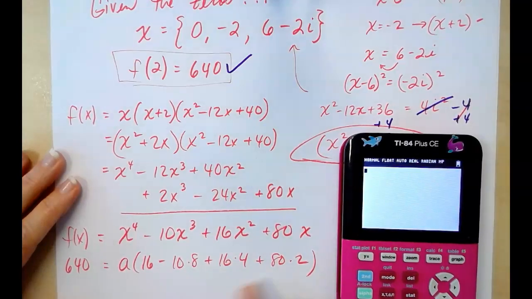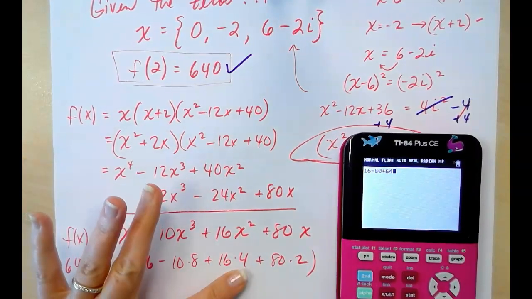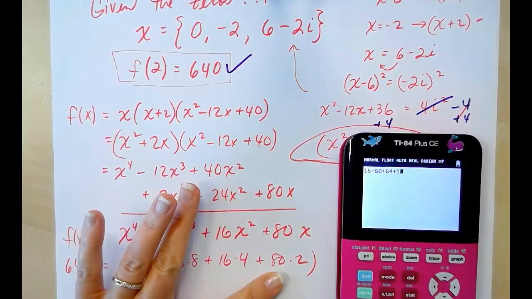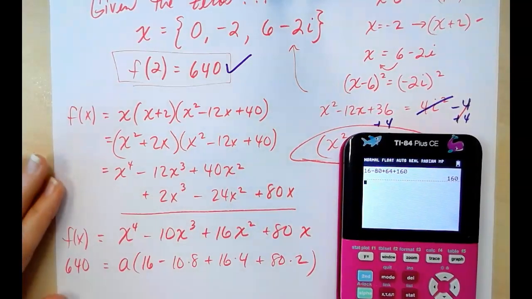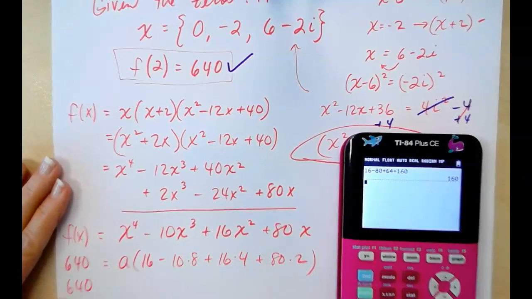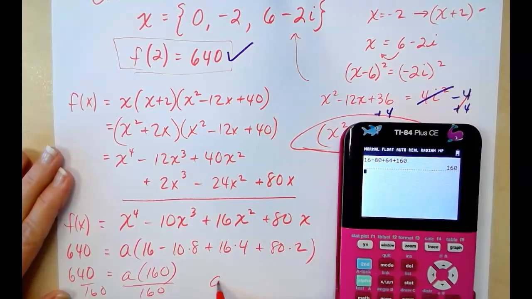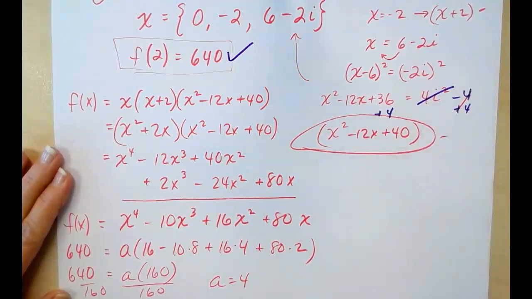So we are going to go straight across here: 16 minus 80 plus 64 plus 160 gives us 160, and 640 is equal to a times 160. Guess what, ladies and gentlemen? a is 4.